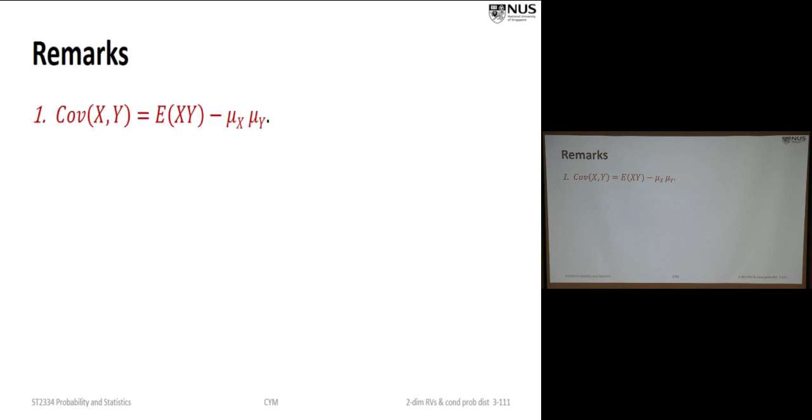It's similar to this. If you remember, we have this formula, right? It looks very similar, except that this is for the one random variable case. Now this is for the joint random variable, two random variables x and y. It's equal to the expectation of x times y. This is a function of x and y.